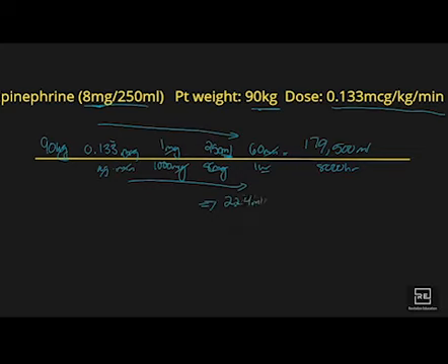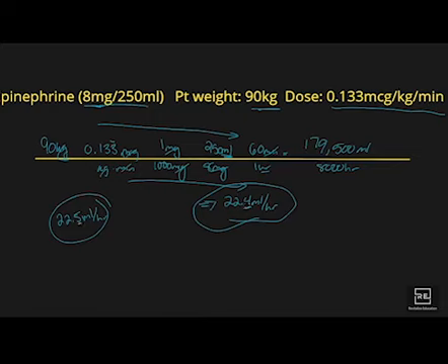22.4 mLs per hour. Now, before what we got was 22.5 mLs per hour, and that was for 12 mics a minute. So why is there this discrepancy between 22.4 and 22.5 mLs an hour? Well, that discrepancy comes in because when we calculated it, we said our dose is 0.133 repeating mics per kg per minute.